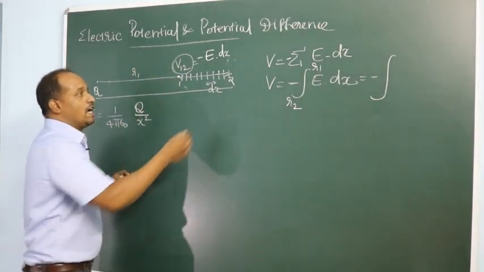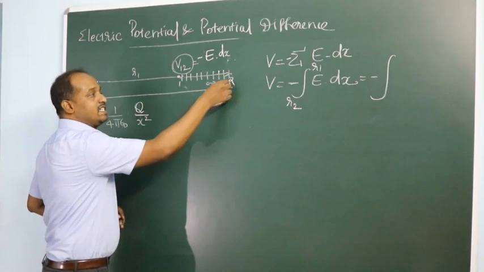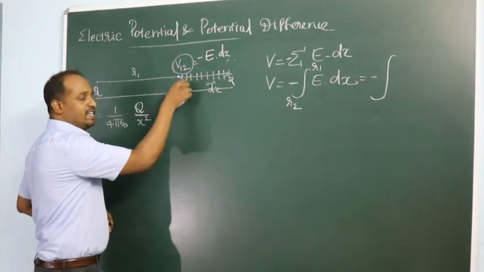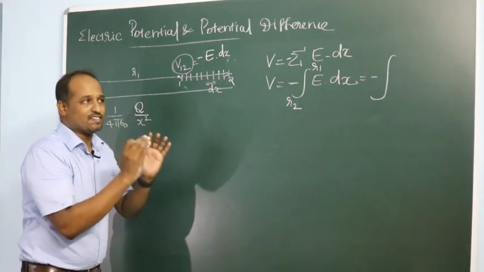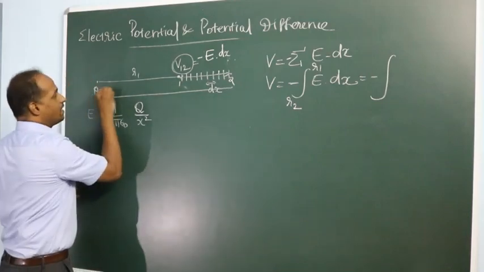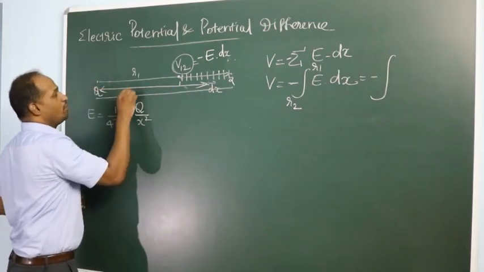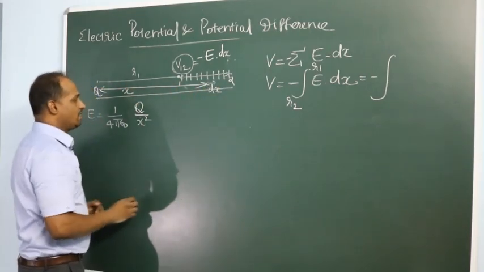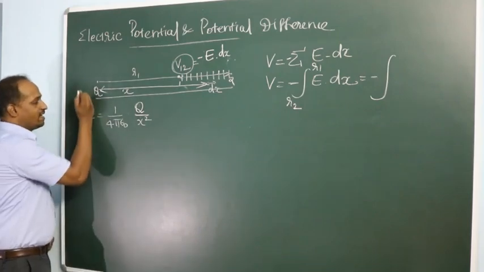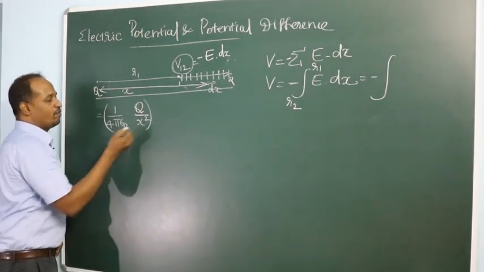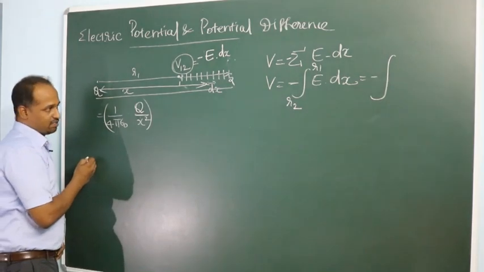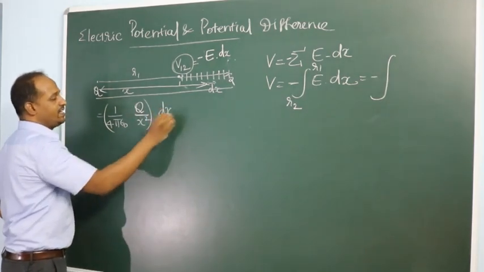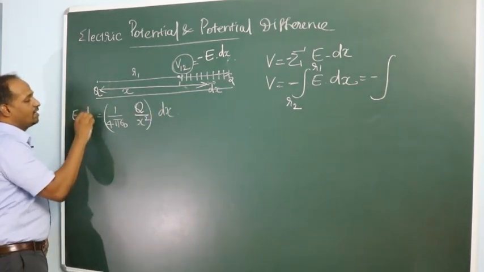Since as you are moving, your distance is changing by dx, dx, dx, right? So you need to establish a typical relationship. At a distance x, if you move by dx, then the work done is: at a distance x, the electric field is 1 by 4 pi epsilon naught into q by x square, into the small distance dx, that is E dot dx.